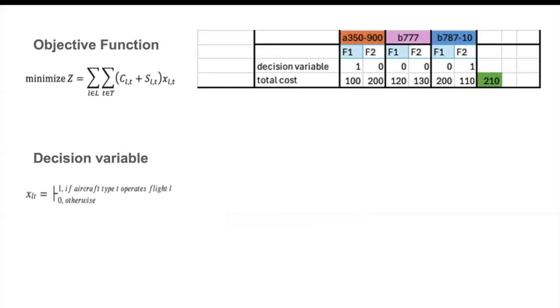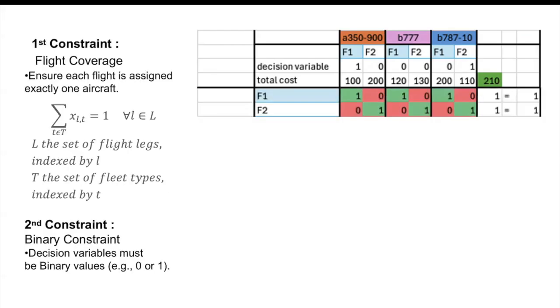Our goal is to minimize this value, which is the green cell in the table. This green cell is the sum product of cost and decision variable, and it represents the total cost, the same as the formula shown.